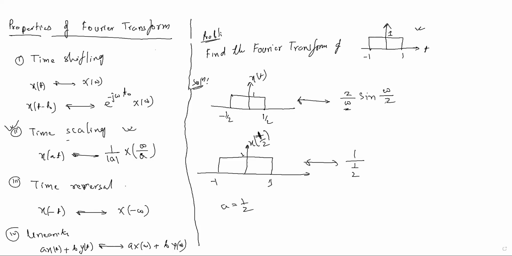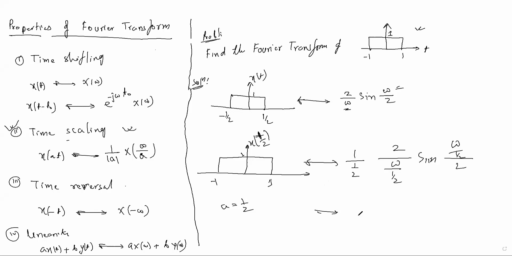Here two different places omega is there, but for X of omega by a, we have to write omega by a in each of these omega terms. 2 by omega by a means we have to write 2 by omega by half, sine omega by half by 2, okay?